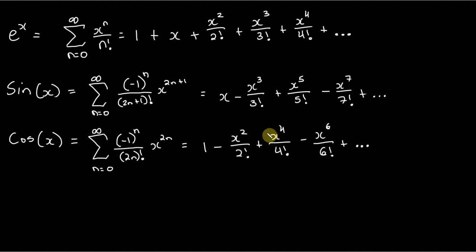Well, what about the expansion for cos of x? It looks a little bit different. We have x to the power of n over n factorial for all even values of n.